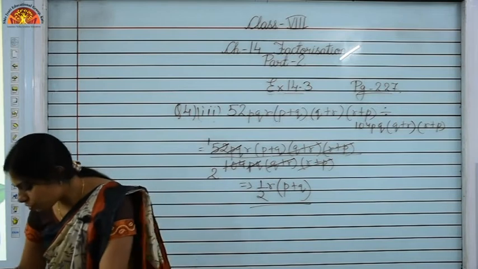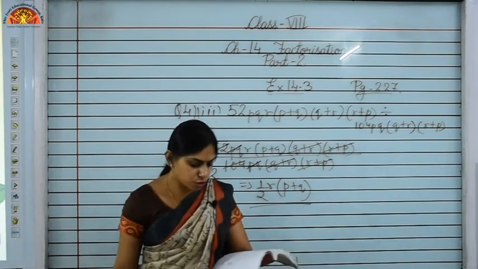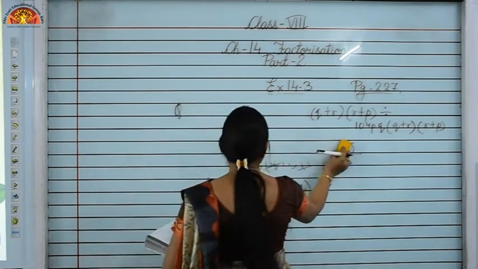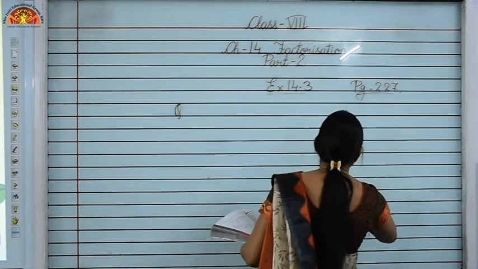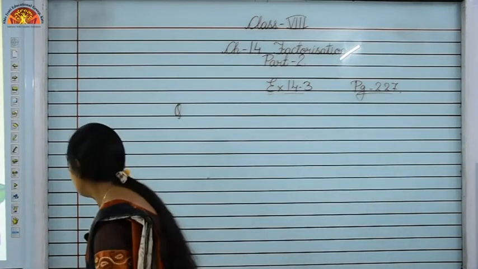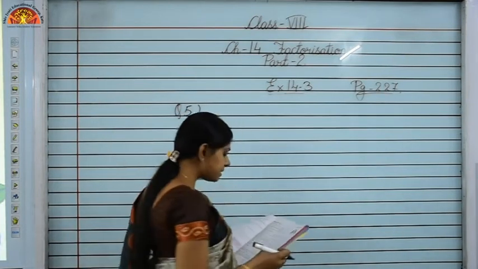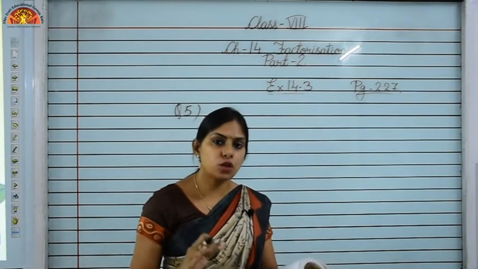Now just see the last question of this exercise. That is, we will solve now question number 5. Now it is given, factorize the expressions and divide them as directed. So what you have to do?